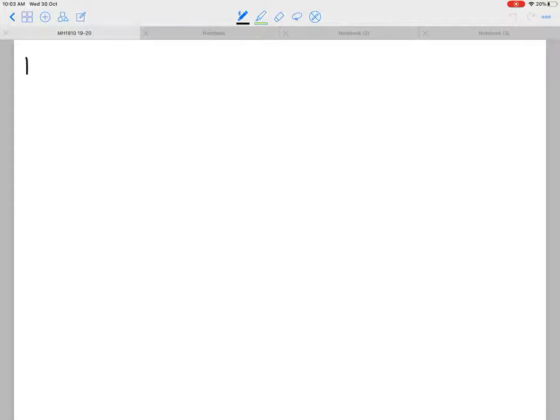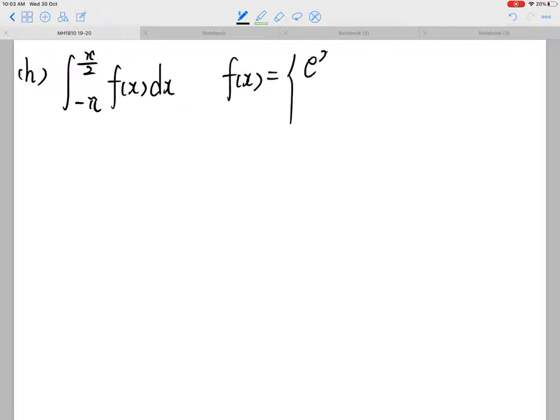Part H. It's the integration of f from negative pi to half pi, where f(x) is e to the power of x when x is between negative pi and 0, and cosine x when x is greater than 0 and smaller or equal to pi.